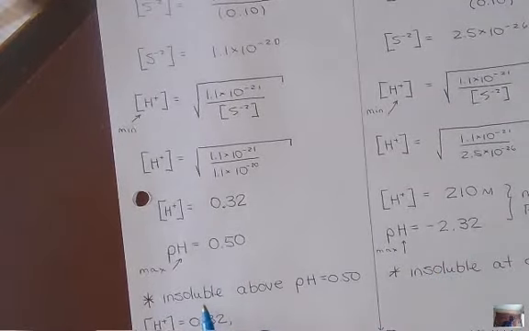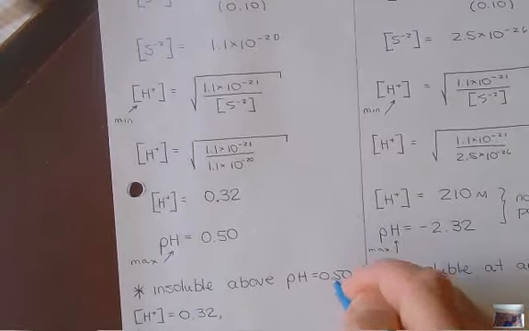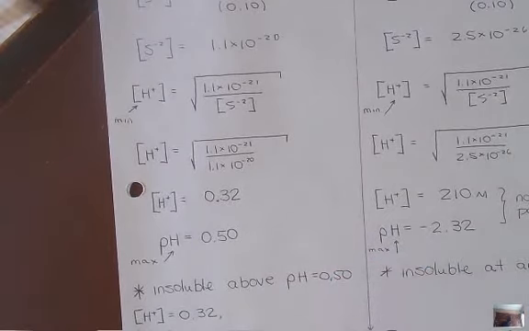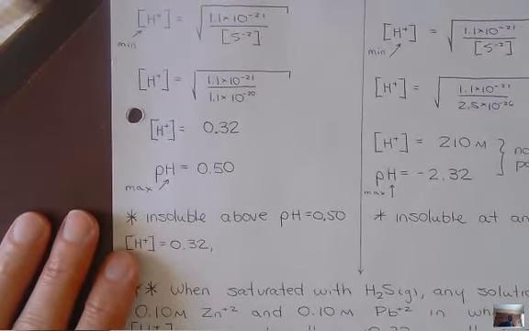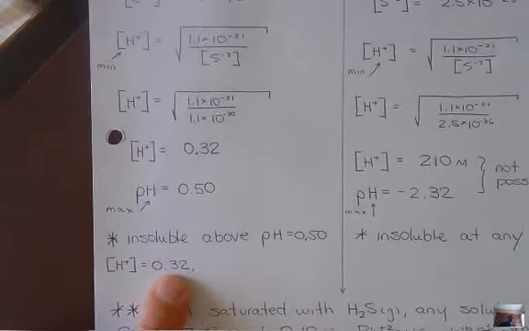So it's going to be insoluble above pH 0.5. I have to keep this in an extremely low pH solution in order to get the zinc sulfide to stay in solution. The hydrogen ion concentration is 0.32.